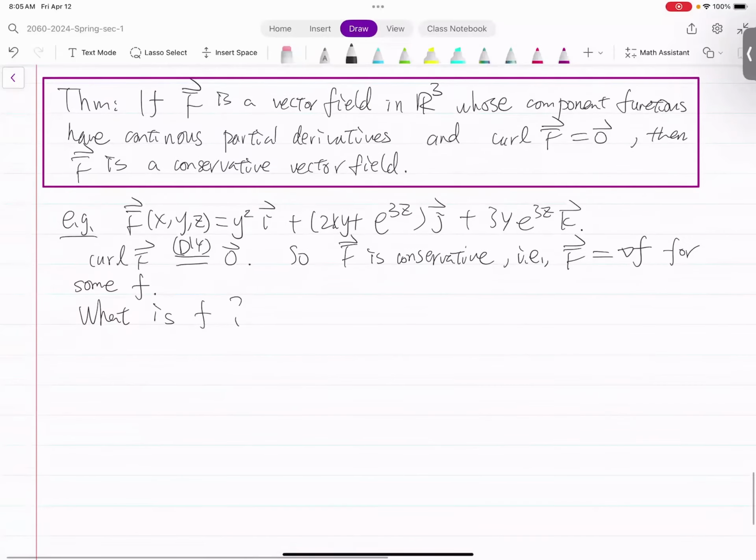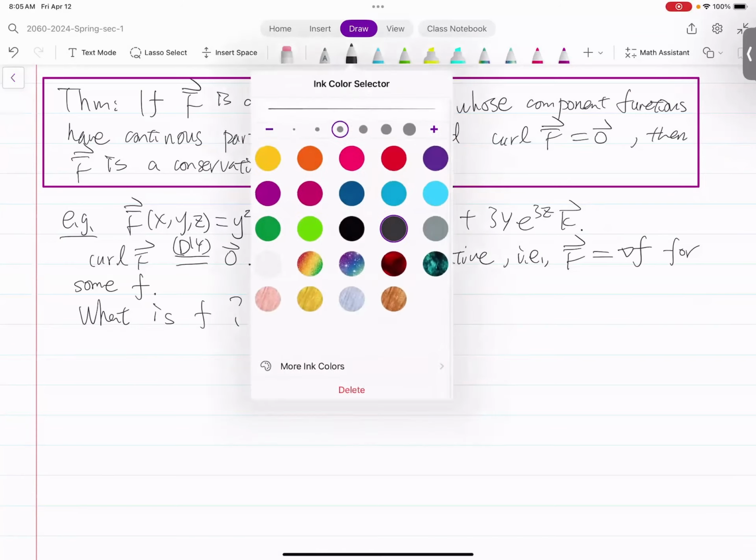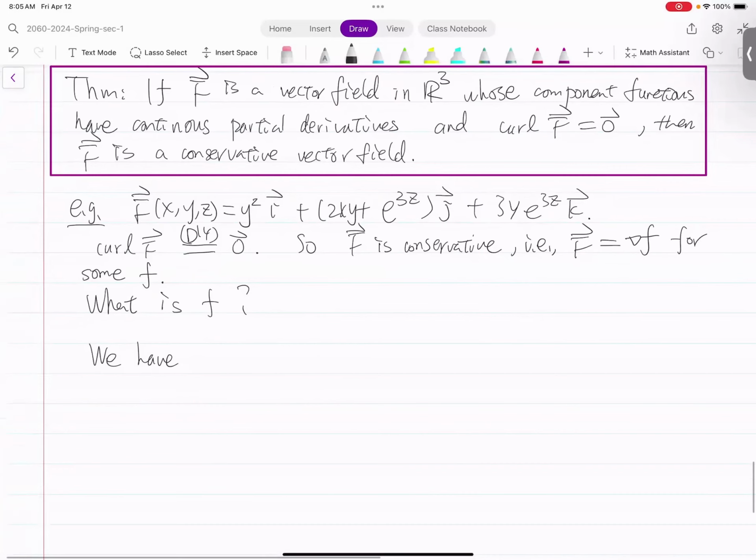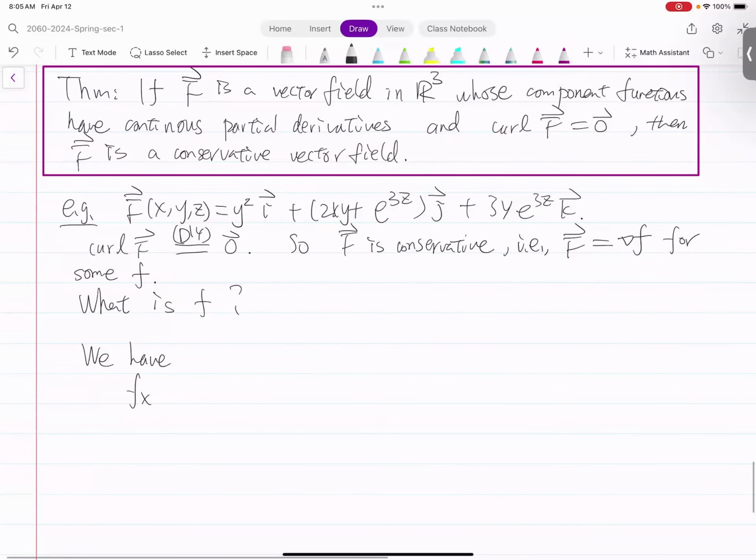So basically here we are looking for sort of an antiderivative in a sense. Okay, so the potential function, what do we know? We know that the partial derivatives will be the component functions of this vector field. So we have three equations. They are the conditions or pieces of information that we can somehow just trace back to the little f. Okay? So we have little f sub x. So the partial derivative of little f with respect to x is gonna be the first component of our vector field. So that's y squared.